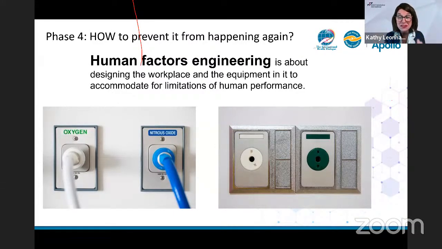It makes it really hard to do the wrong thing. Even if you're in a chaotic situation, you need oxygen and you go to plug it in the wall and you didn't read that that's a nitrous, you can't put it in there. That's what we talk about, those forcing functions. In Lean language, you call it poka-yoke or mistake proofing.